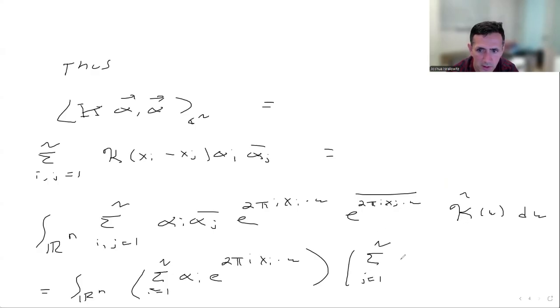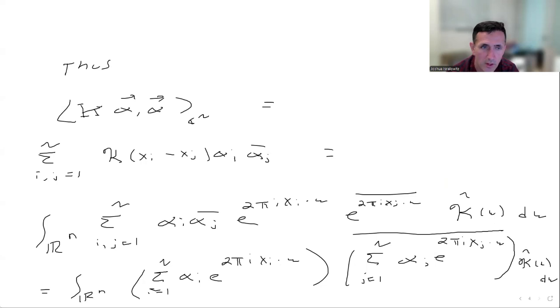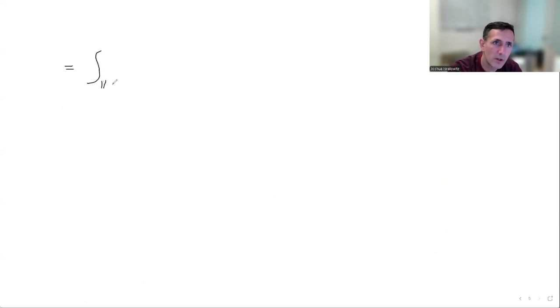The sum for j equals 1 to n of alpha j, careful, this complex conjugate, times a Fourier transform. But these are the same thing, right? So finally, it's the same thing times itself, complex conjugate. So it's just modulus squared. In some sense, I don't care what this is. It is non-negative. That's what matters.